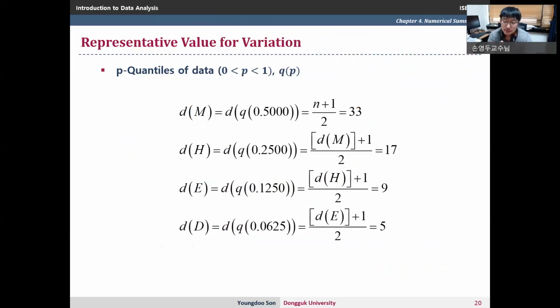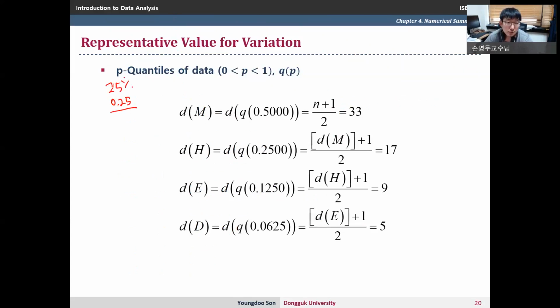Okay, let's start today's topic from here. In the last class, we saw the quartiles, which is the 25% or 0.25 location.